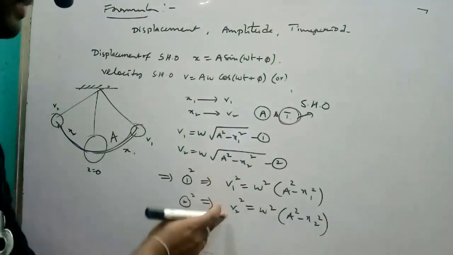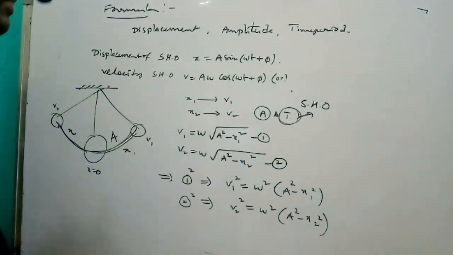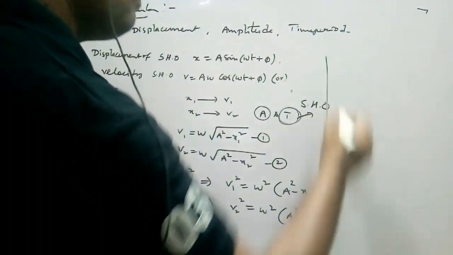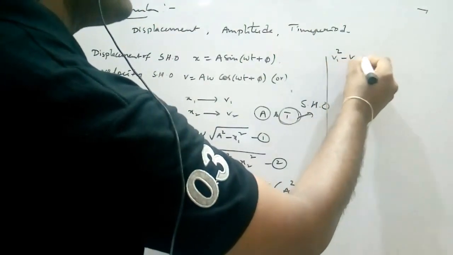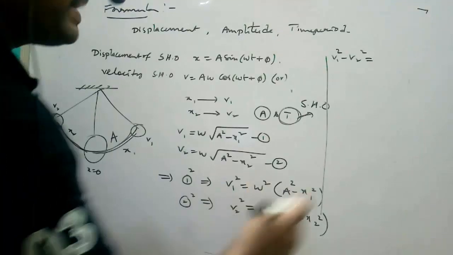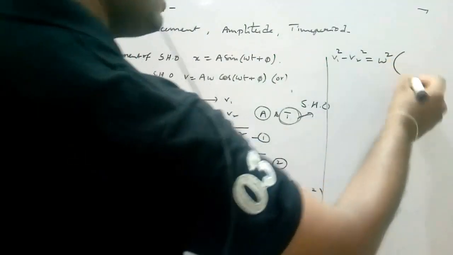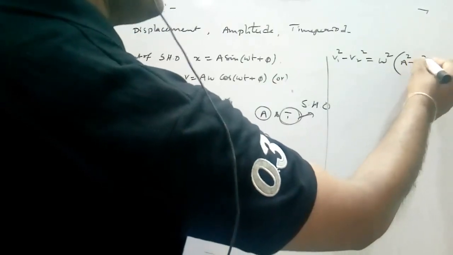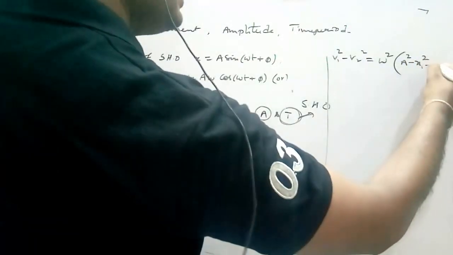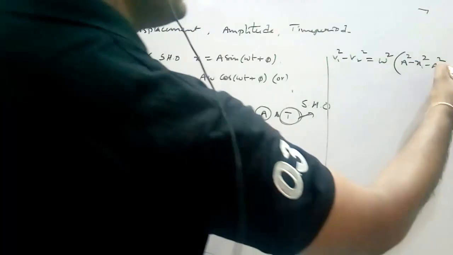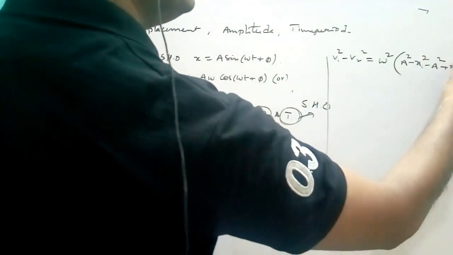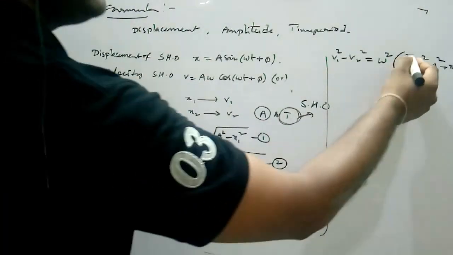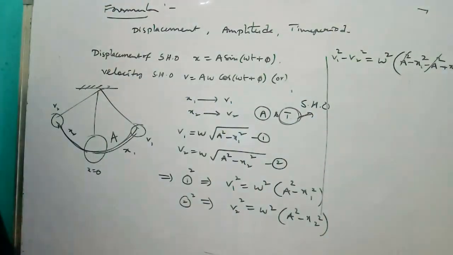Now subtracting these two equations, we are getting v1 square minus v2 square equal to omega square of a square minus x1 square minus a square plus x2 square. This plus a square minus a square gets cancelled.